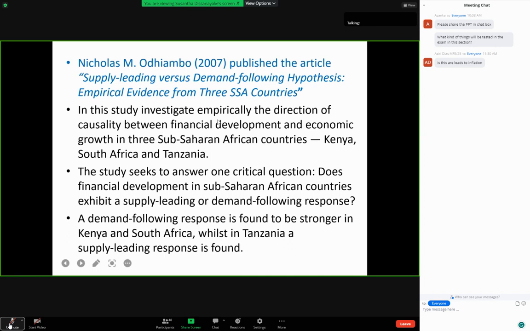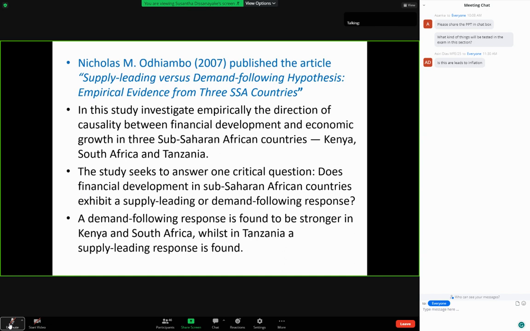The study investigates empirically the direction of causality between financial development and economic growth in 3 sub-Saharan countries: Kenya, South Africa, and Tanzania. So this study was conducted among 3 sub-Saharan African countries. So the sample is 3.